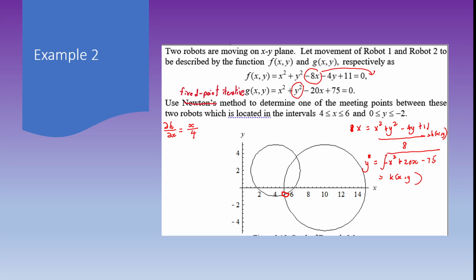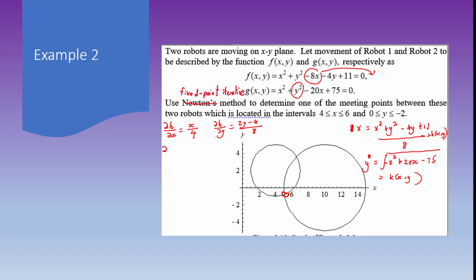And then del h del y. Differentiate the function h here with respect to y. So you have here 2y minus 4 divided by 8.